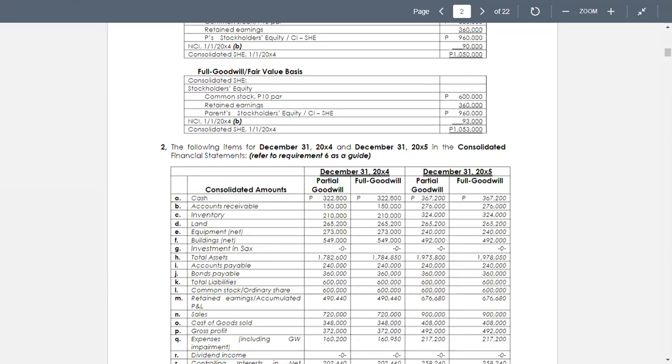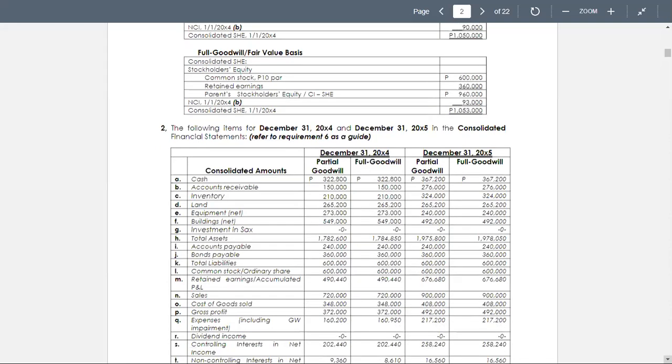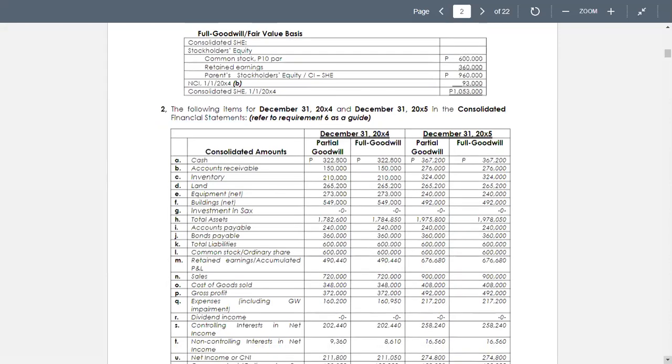However, here we have 265. We are adding 7,200. That's your adjustment to your land account. So we now get a total of 265,200.